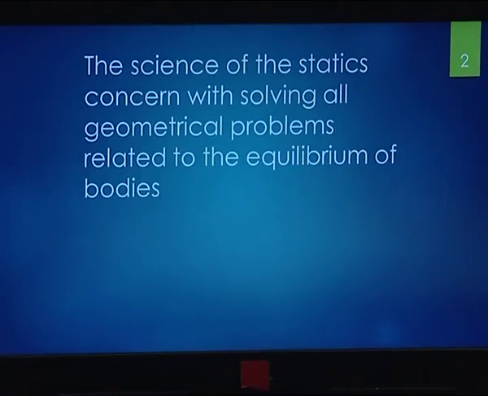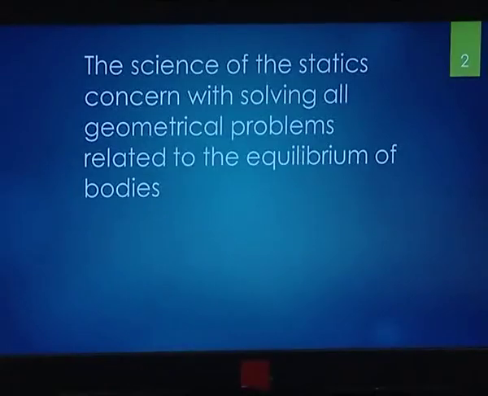We have here, my dear students, a calculator as an example. When we put this calculator on the table, that means that it has a force effect on the table by its weight, and the table affects the calculator by another force, opposite in direction and equal in magnitude.